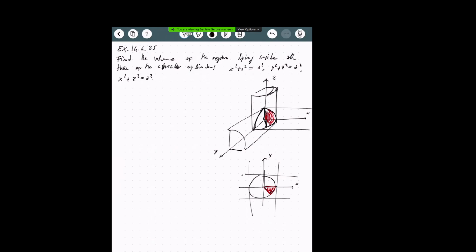So the sought volume will be 16 times the volume of the red slice.